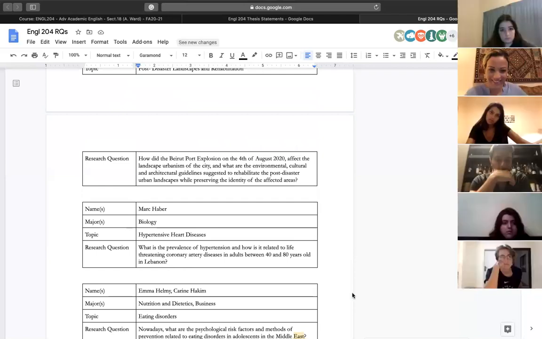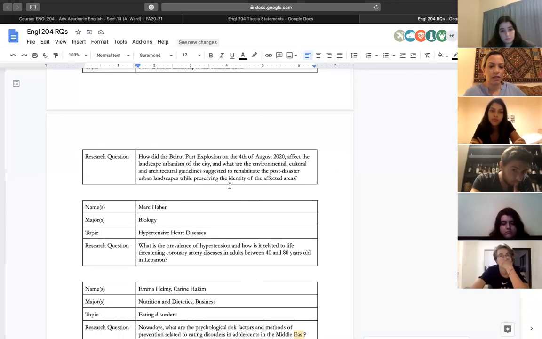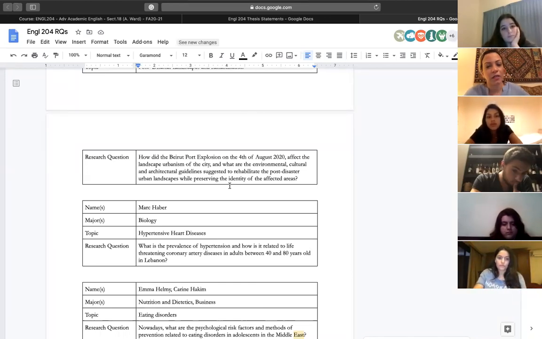Okay. Hi. So how did the Beirut port explosion on the 4th of August 2020 affect the landscape urbanism of the city? And what are the environmental, cultural, and architectural guidelines suggested to rehabilitate the post-disaster urban landscapes? This is going to be a huge project. Can you tackle either the first part or the second part in this paper?